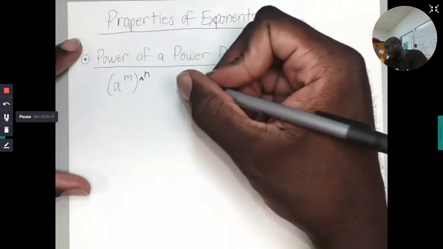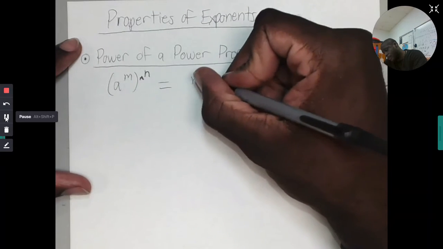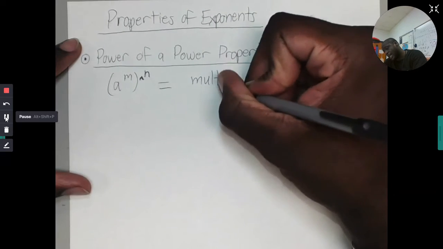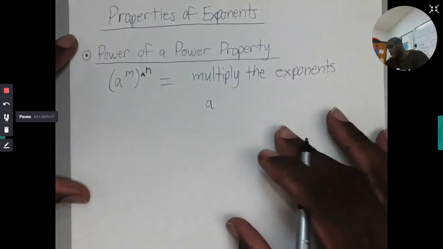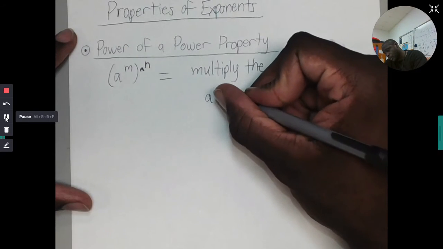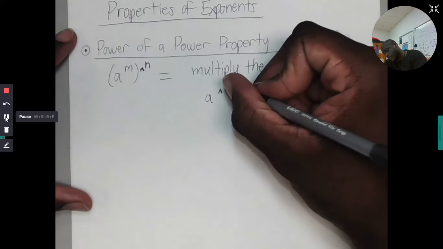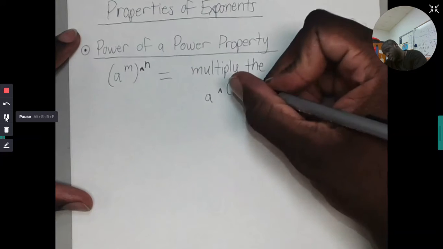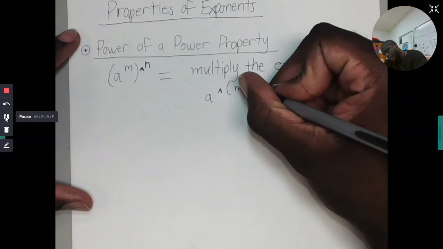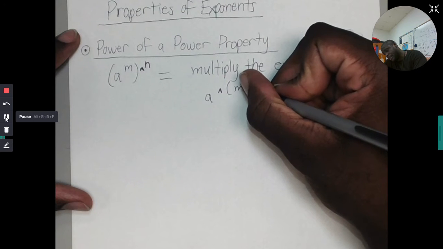With something like this, you want to make sure you multiply the exponents. So that would be written like this: a raised to the m times n power.